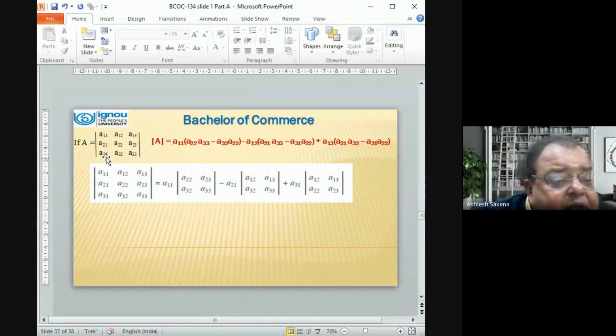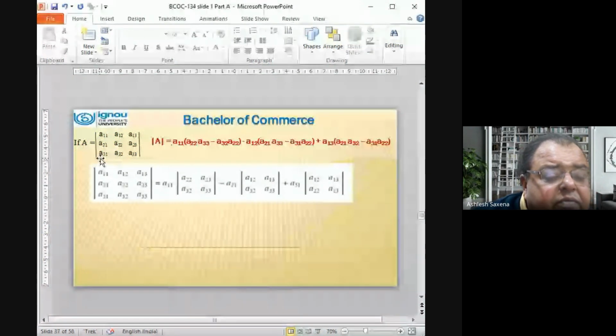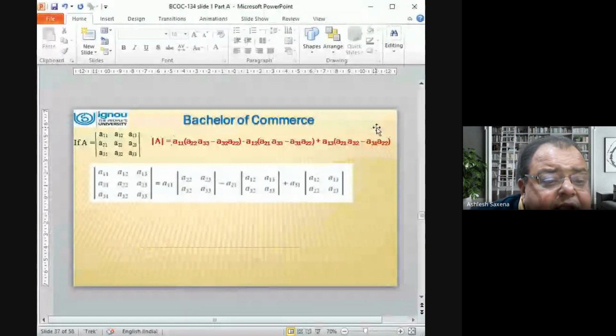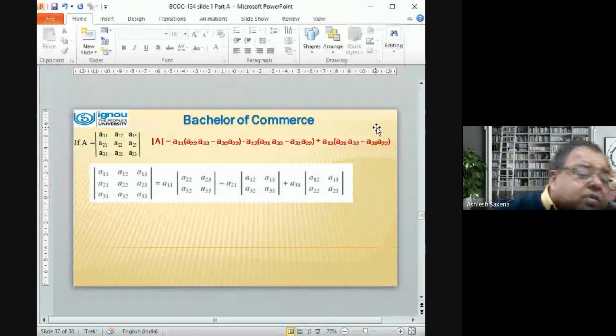You will be left with these four values. So it will become A21 into A32 minus A31 into A22. This is what is written over here. This can be 0, this can be plus 1, or this can be minus 1, or any number with plus and minus sign. And it can be 0.